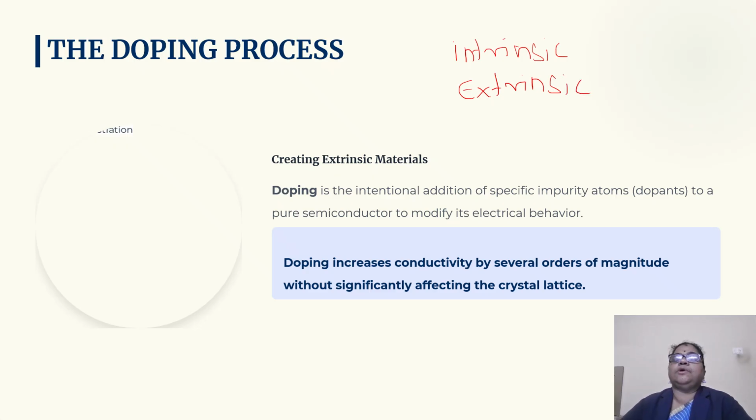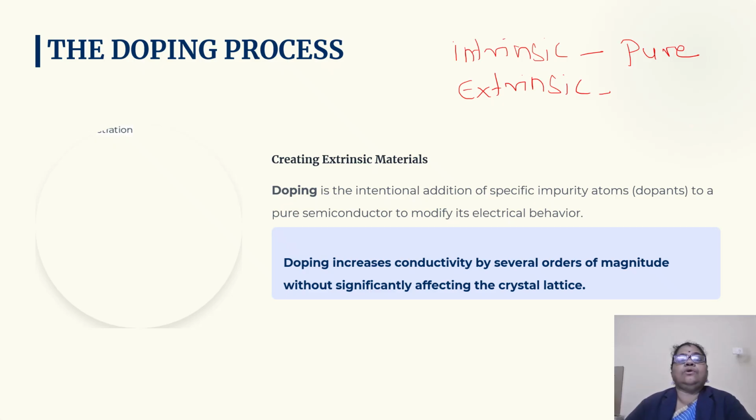Intrinsic semiconductor is a pure form of a semiconductor, and in an extrinsic semiconductor we add some doping element to a semiconductor, so it forms an extrinsic semiconductor. It is not in the purest form.